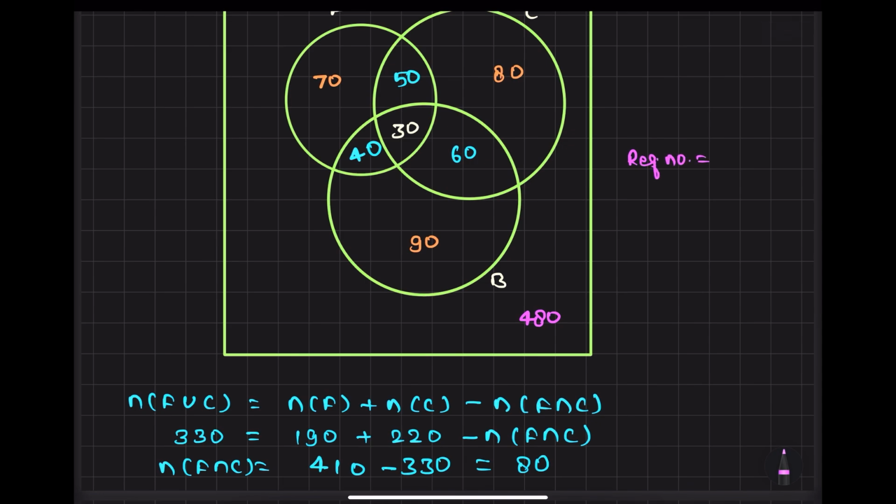The number of persons having zero symptom, which is 480, plus the number of persons having one symptom, which is 70 plus 80 plus 90, divided by the total number of persons, which is 900. If you add, it is 720 by 900. So the probability is this.